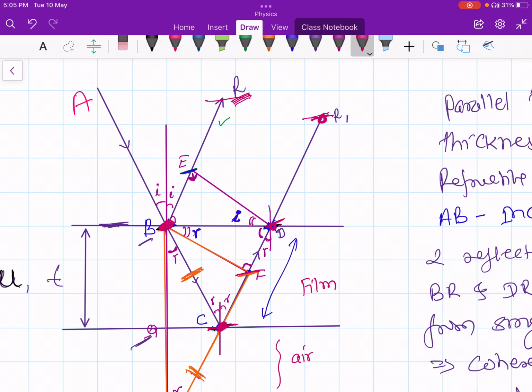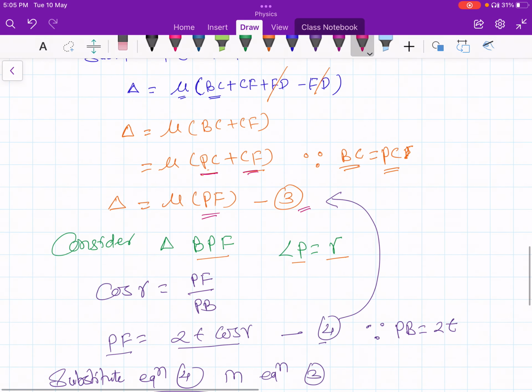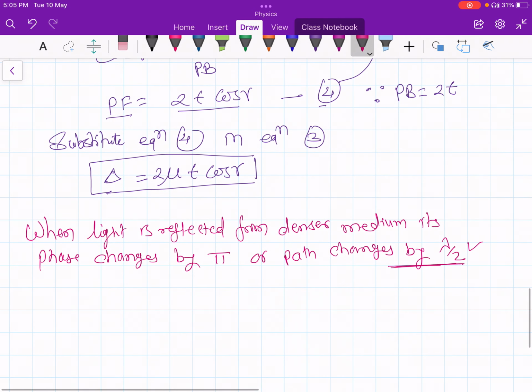So our path difference is what? BC plus CD minus BE. So instead of taking just minus BE, we have to subtract the path of lambda by 2. So in this equation, we got delta is equal to twice mu t cos r minus lambda by 2.